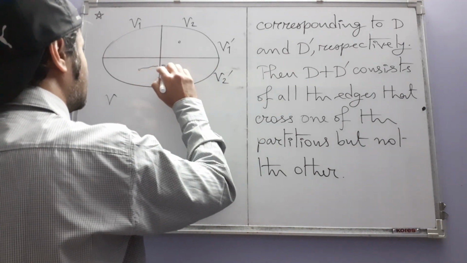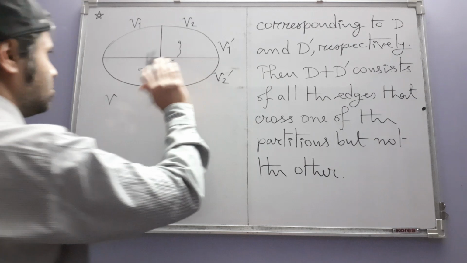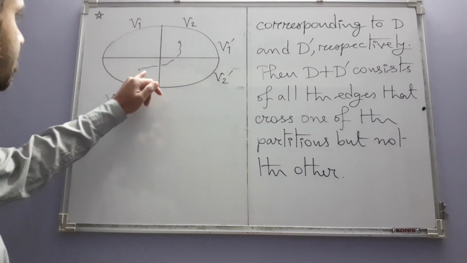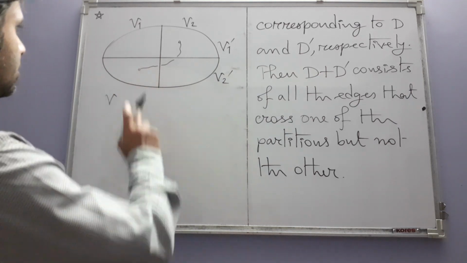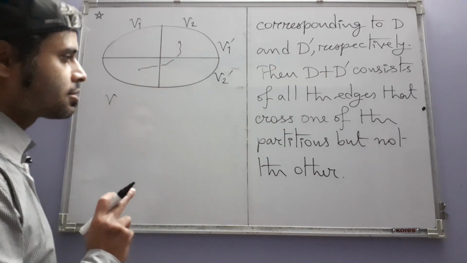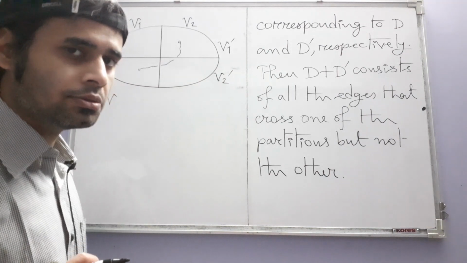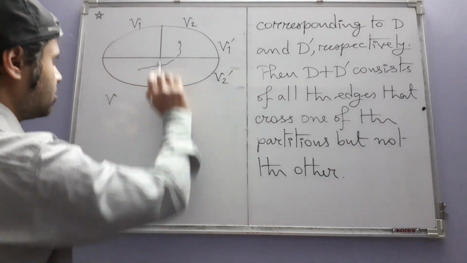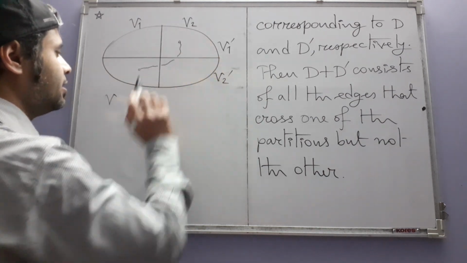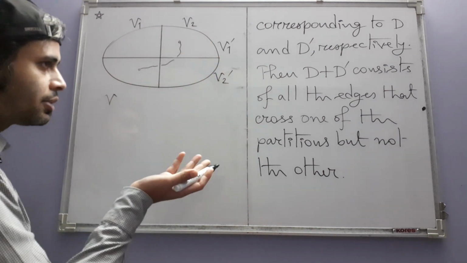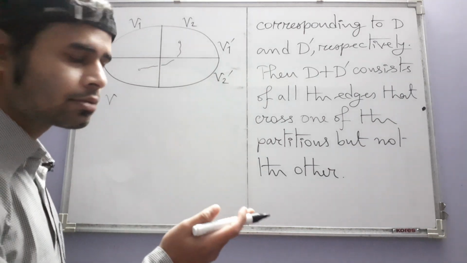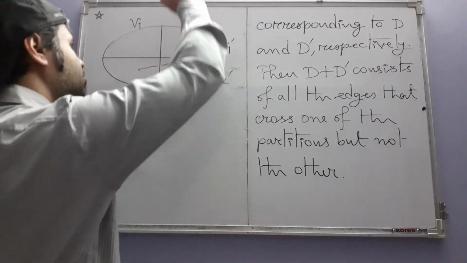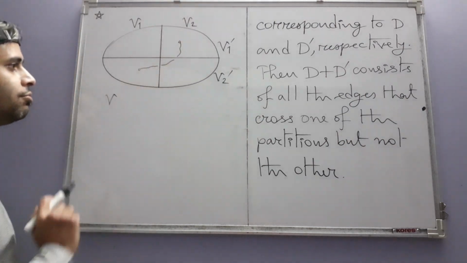Suppose you have an edge, let me draw it somewhat like this so that I can erase it quickly. Then this edge crosses the partition V1, V2. Why? Because one end lies in V1 and the other end is lying in V2, but at the same time it is also crossing the other partition V1 prime, V2 prime, because one end lies in V1 prime and the other end is lying in V2 prime.